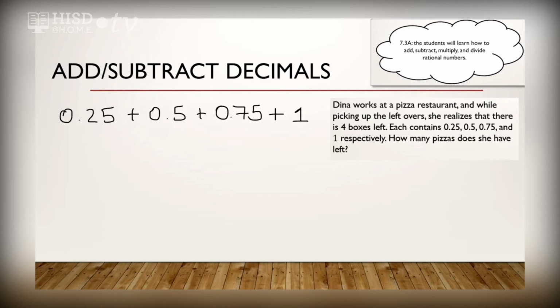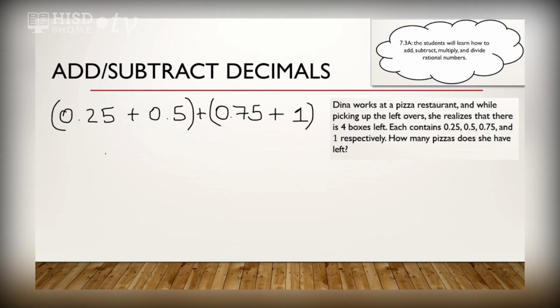So now remember that if we are adding, we can group them how we want. So I can group this side and this side. In order for us to add decimals, we need to make sure that both decimals have the same place value. What does that mean?